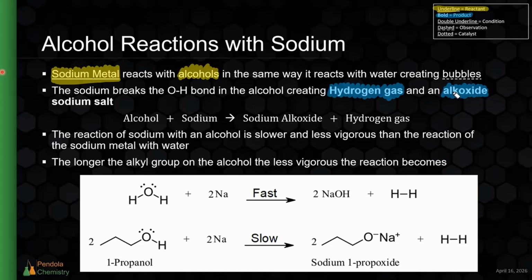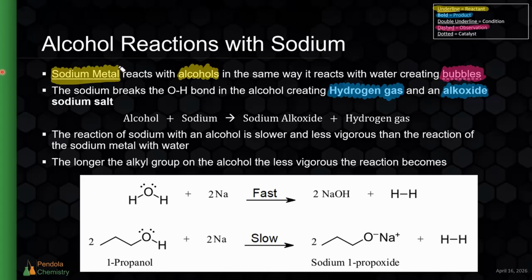When an alcohol loses hydrogen, it becomes alkoxide. So an alcohol plus sodium will create a sodium alkoxide salt, which has the alkoxide ion with the sodium, and I'm going to show you in the bottom what it looks like in a second, and hydrogen gas. That hydrogen gas that's created is responsible for the observation in this reaction, which are bubbles. And those bubbles are of hydrogen gas.